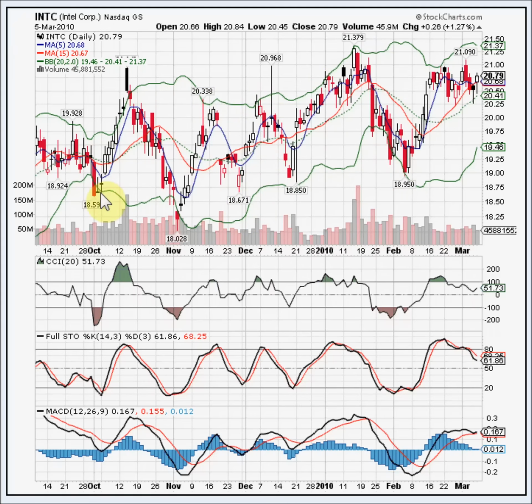But in 6 months, it ranges from 18.50 up to about 21, back to $18, back to about 20.50, back to about 18.50, to about 20.50, 18.50 to 21.50, 18.95 to $21. Now I'm not going to talk about going short at this time because that's a separate lesson in itself.